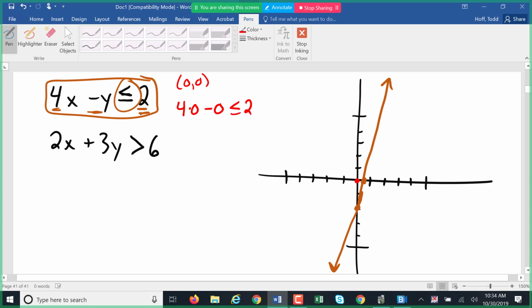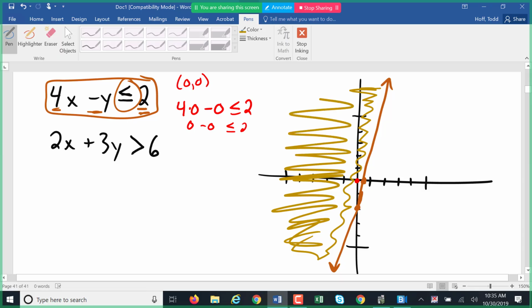Is that less than or equal to 2? Yes. 0 minus 0 is 0. That is less than or equal to 2. So I'm going to shade this side of that line. That's the side that my origin was on. That point was true, so we shade that side.